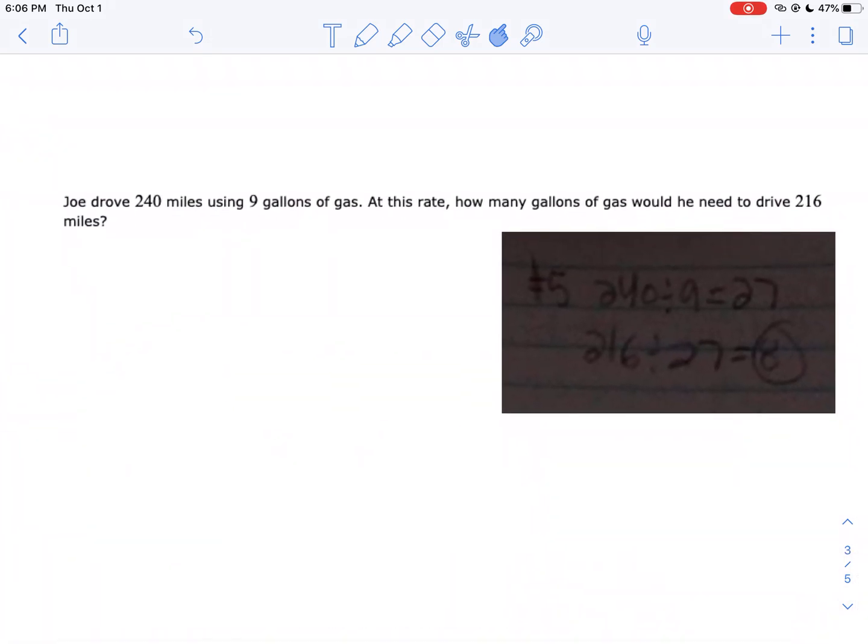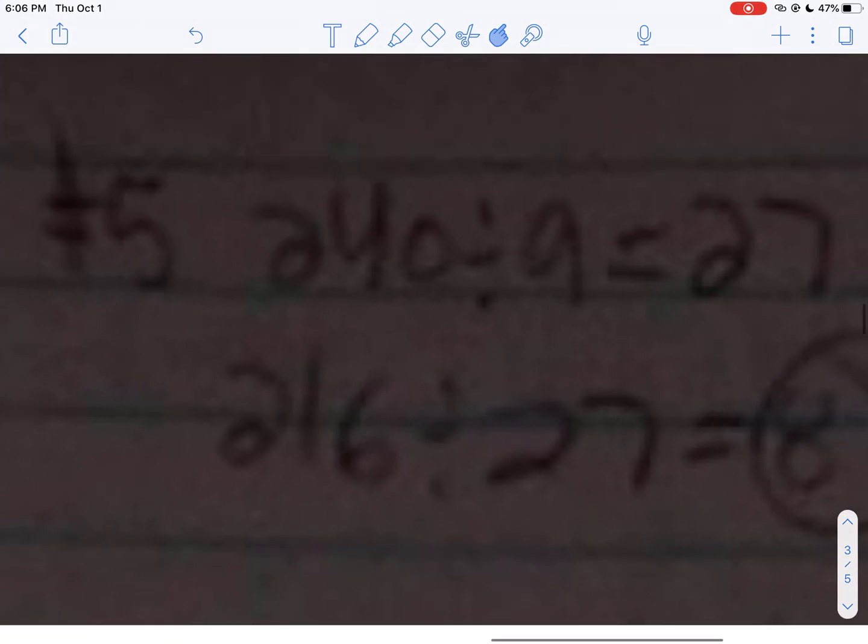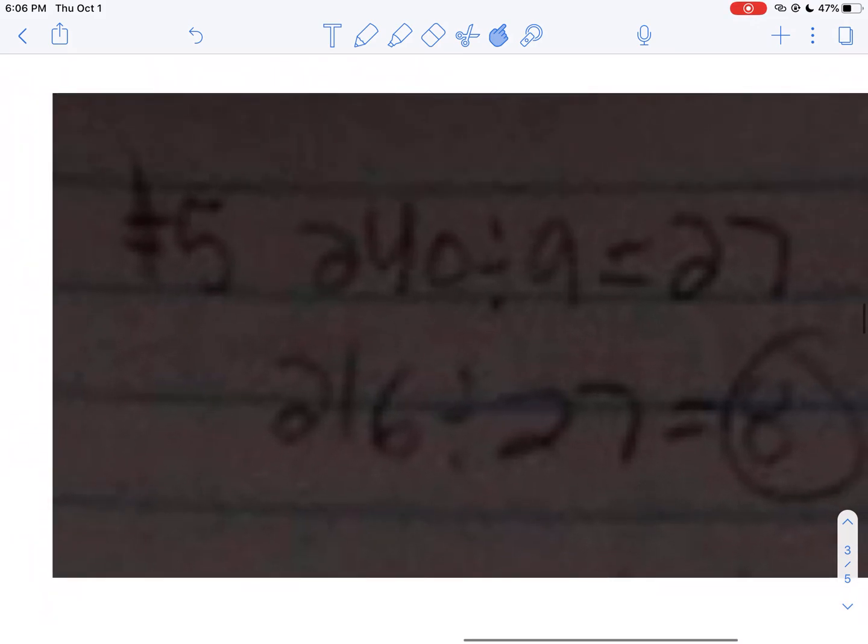Okay, now this one, your work was actually correct, except what happened is when you divided, you did not divide correctly. You rounded. We can't do any rounding, but we can use the process you used. I like the process you used. So we're going to take 240 divided by 9.